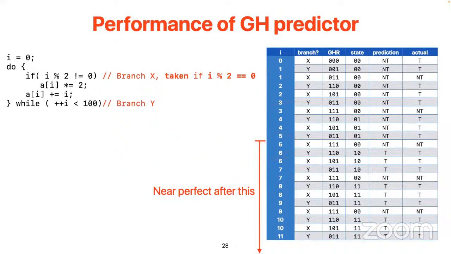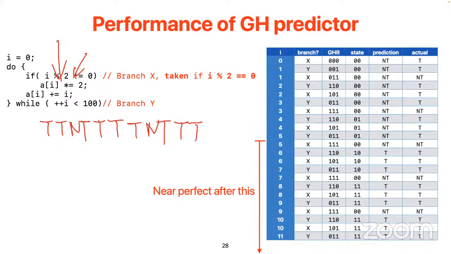So with a global predictor, you will definitely see, even for this local one, if the last execution result is 1, then the next time will be 0, right? And if you want to capture this pattern, it will be like taken, taken, not taken, taken, taken, not taken, taken, not taken, right?